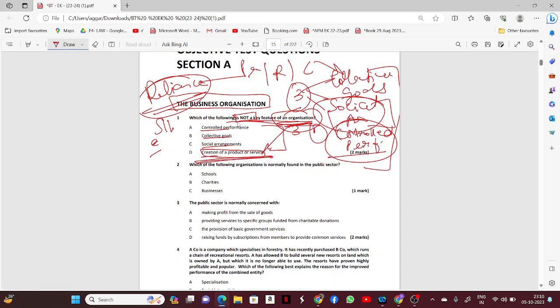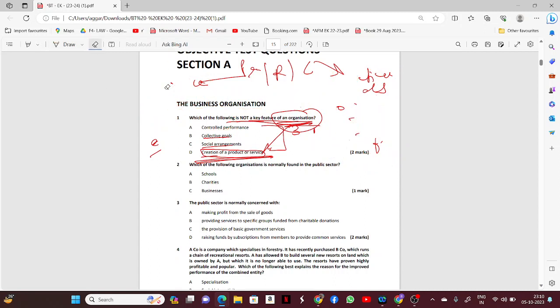So this is not a key feature of an organization. They can do other things as well, right? So the answer is D, creation of a product or a service. It can be a feature for sure, but it's not a key feature.